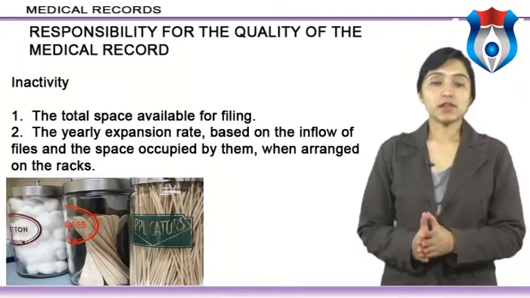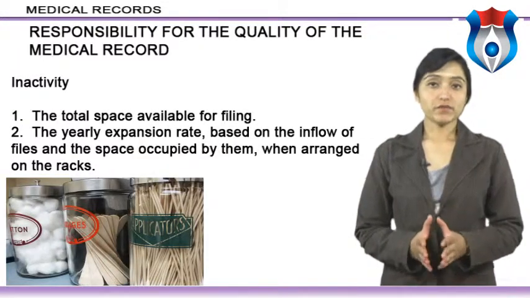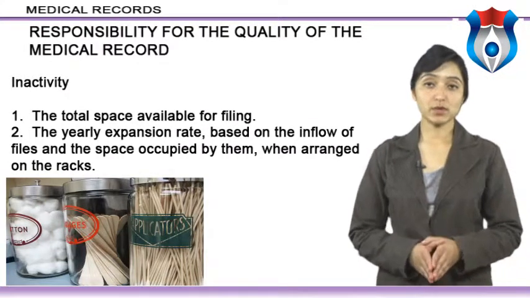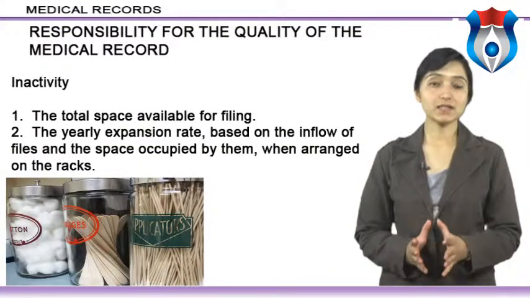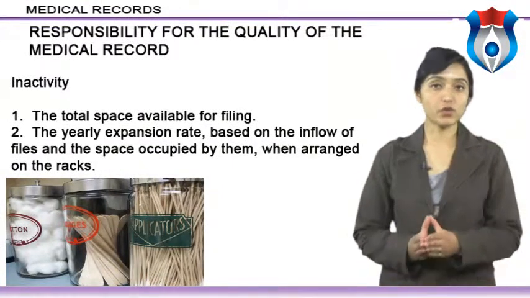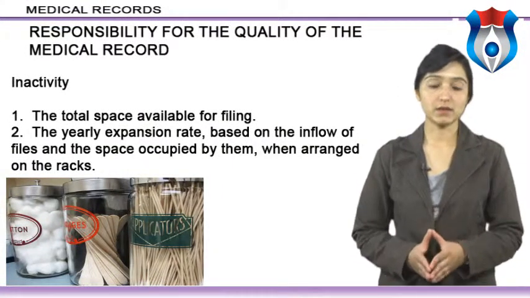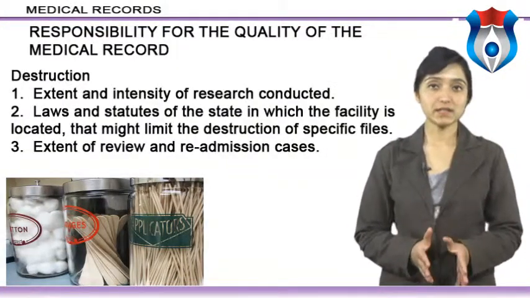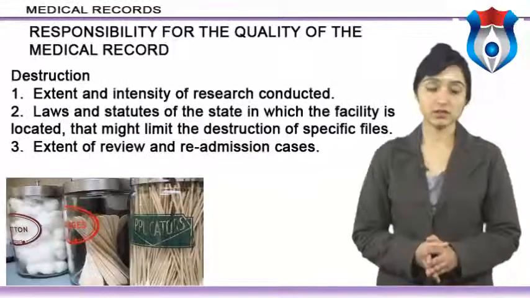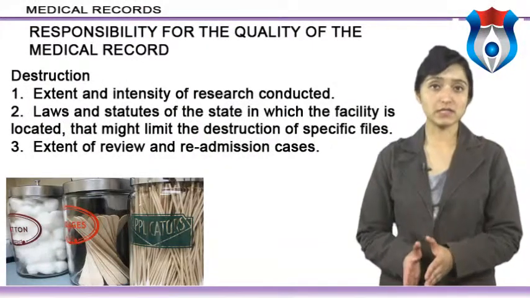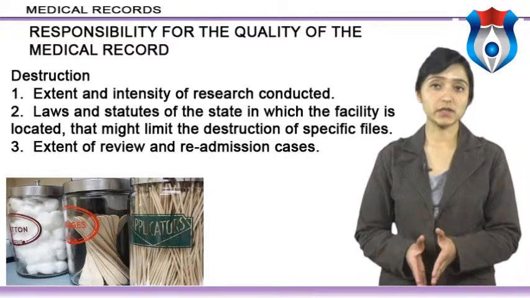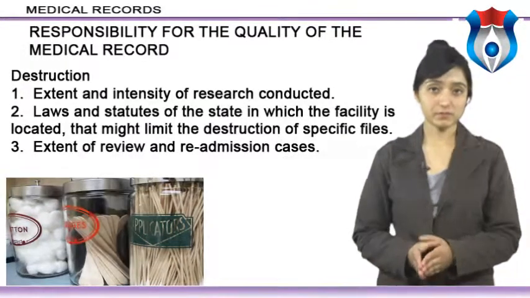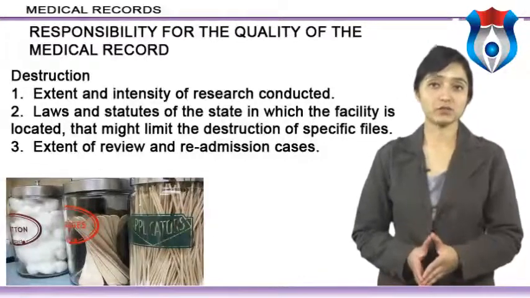To decide on the inactivity of a case record, the following factors should be taken into consideration: the total space available for filing, the yearly expansion rate based on the inflow of files and the space occupied by them when arranged on the racks, destruction, extent and intensity of research conducted, laws and statutes of the state in which the facility is located that might limit the destruction of specific files, extent of review and readmission cases.